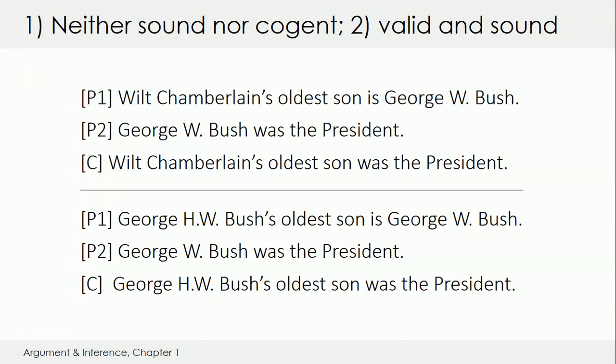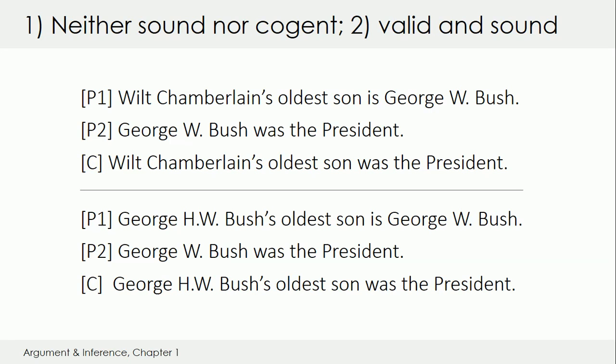All right. So the first argument is neither sound nor cogent because premise 1 is false. It's a valid argument, but it's not sound.